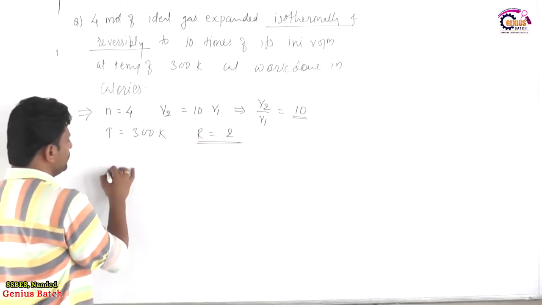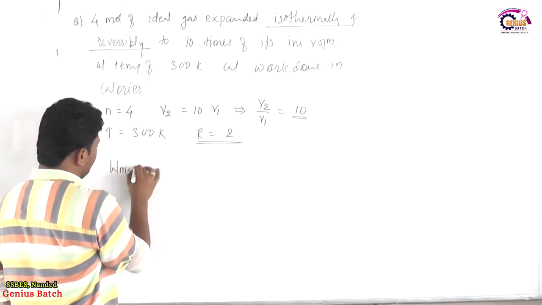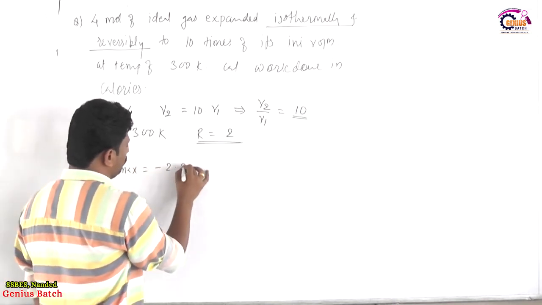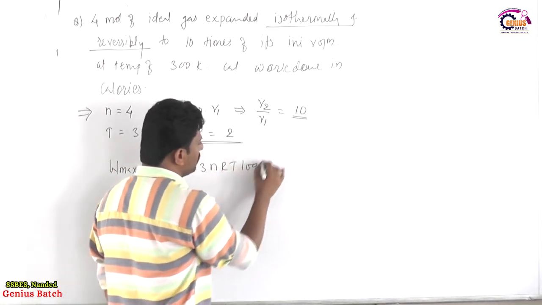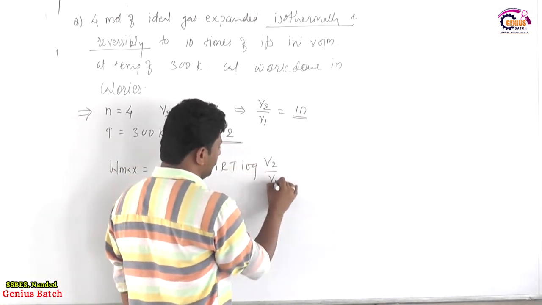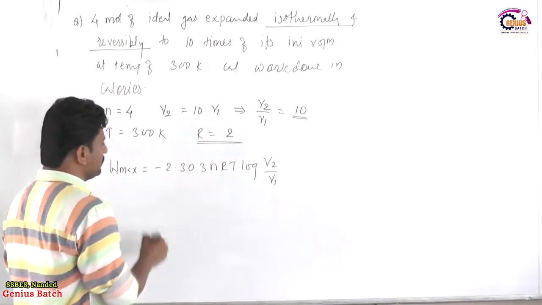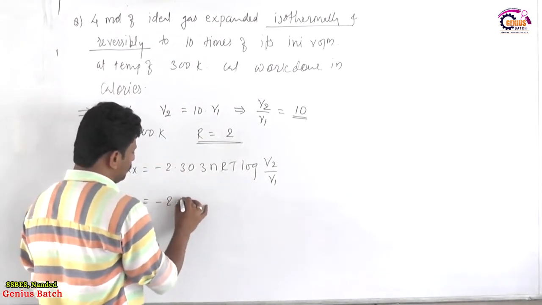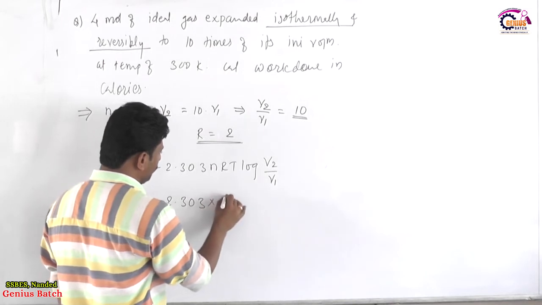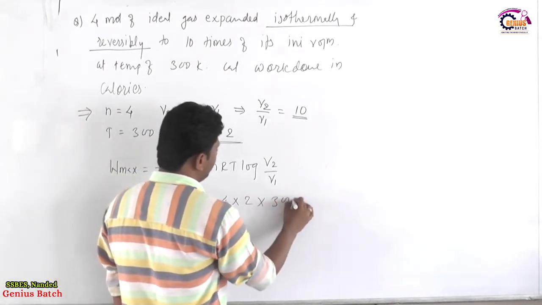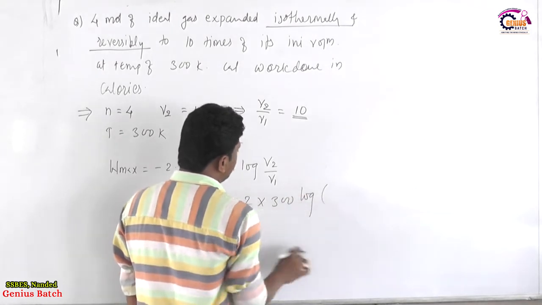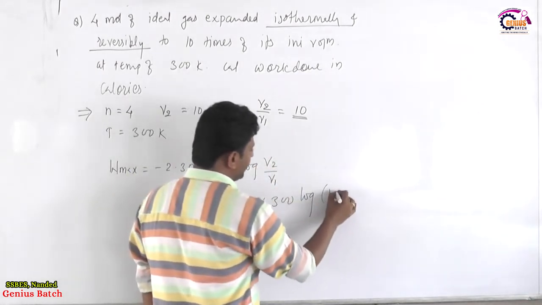Easy it is now. The equation for W max is minus 2.303 nRT log V2 by V1. Place the values one by one. Minus 2.303 into 4 moles into R is 2, temperature 300, and log of V2 by V1 is equal to 10.